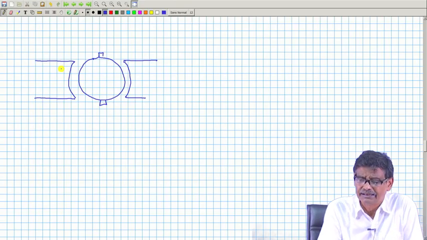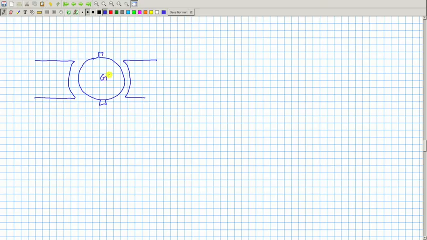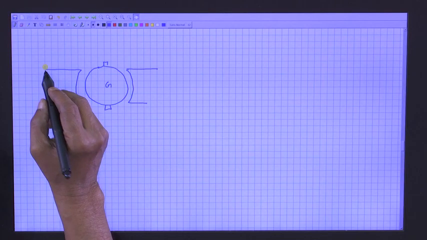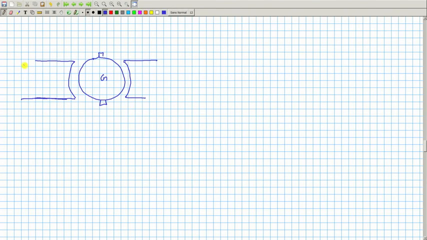So, effectively there is a net reduction in flux per pole. Suppose it is acting as a generator, then the no load voltage generated, P z by A phi into N, will get reduced.